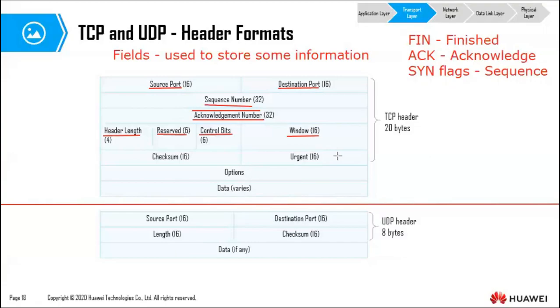So on the window field we tell the server at Facebook, hey, please, I can only process 10 megabits per second, so don't send me 100 megabits per second, because I'll drop those packets. It's like trying to understand someone who's talking at the speed of a rapper. You can't understand them unless they slow down. So on the window field we tell them, you can only send this size at a go.